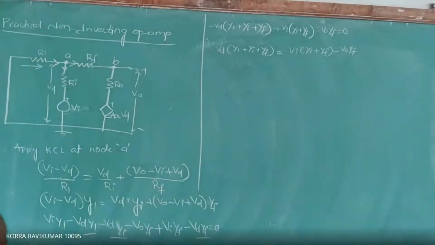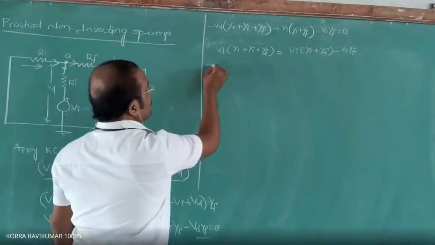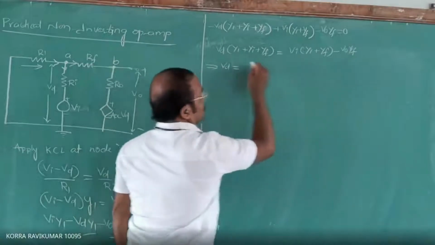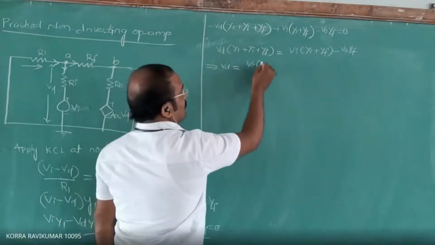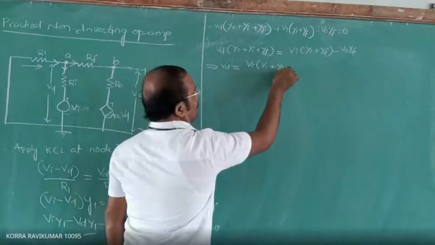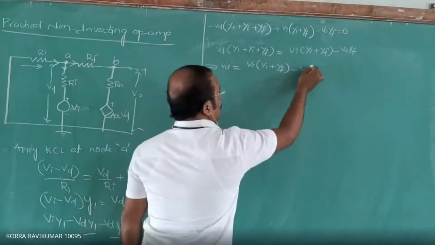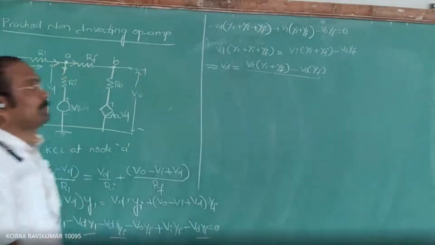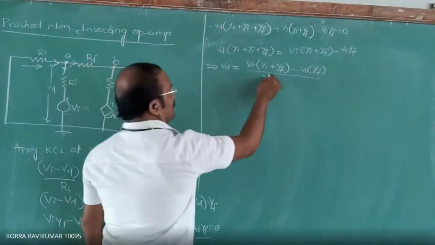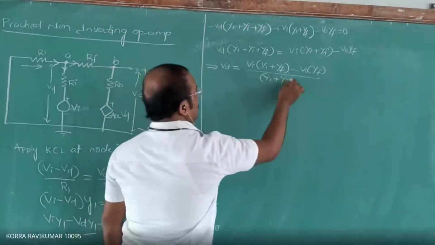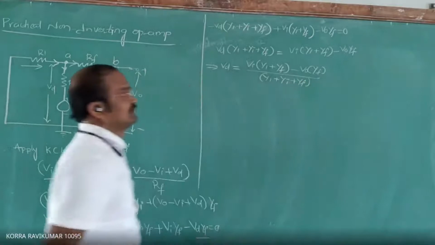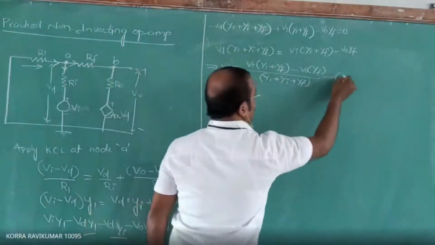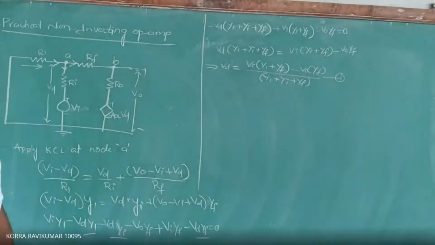Then Vd is equal to Vi of Y1 plus Yf minus V naught of Yf, whole divided by Y1 plus Yi plus Yf. Give this the equation number 1. This is equation number 1.